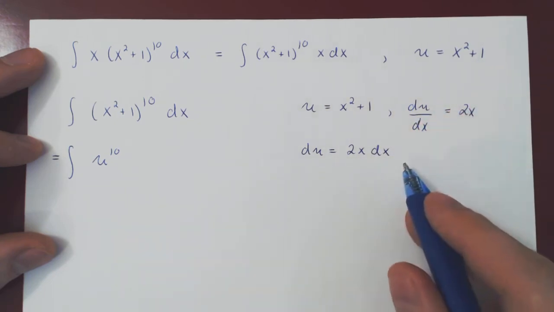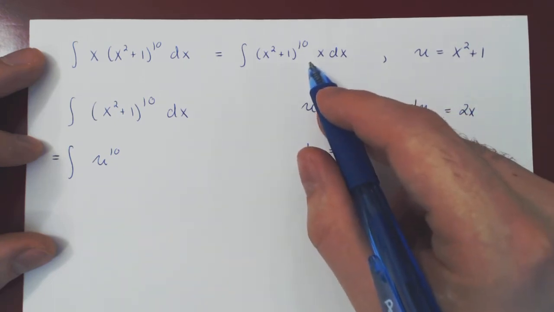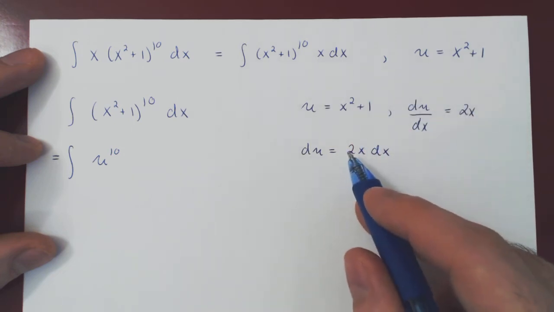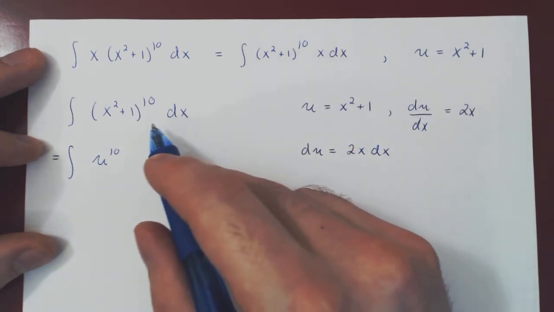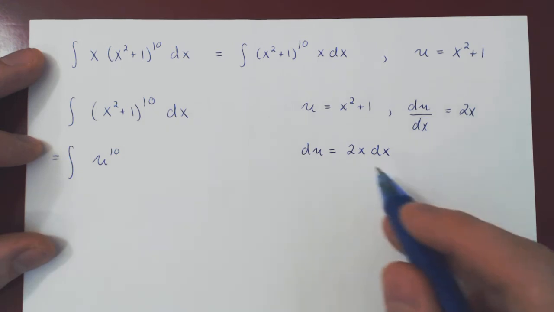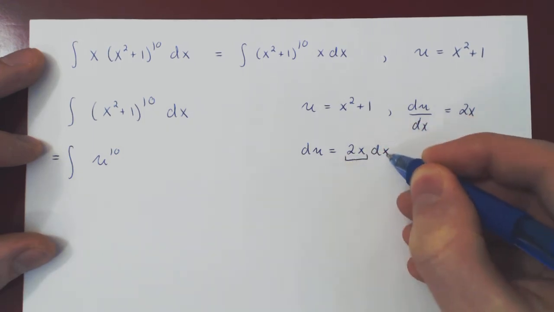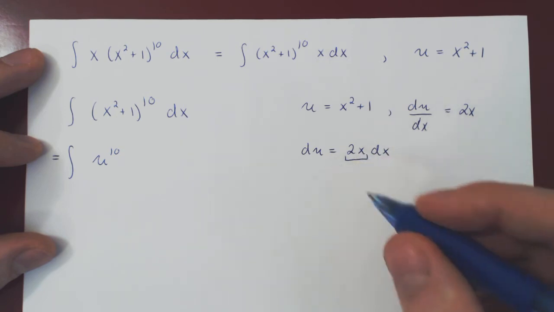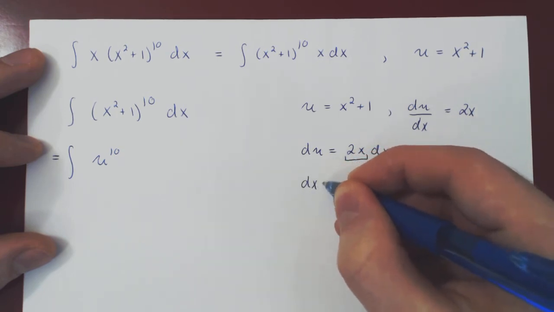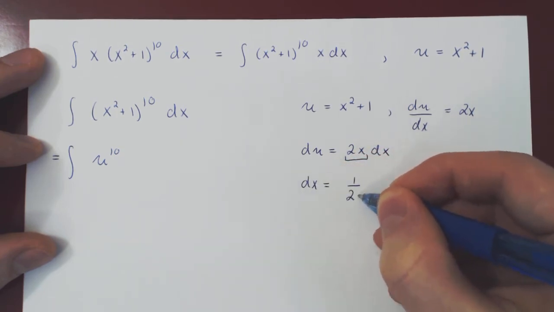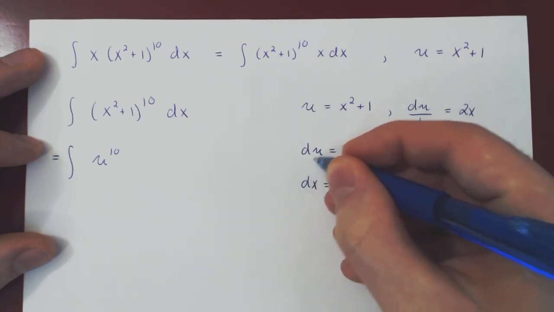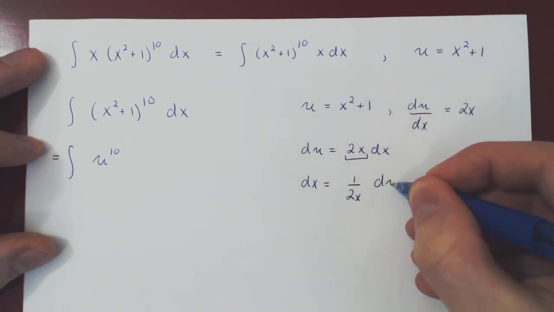But if you notice, before it was quite nice because we could replace the x dx by simply 1/2 du. But now we don't have x dx, we have dx. So in the end we have to say, to isolate dx, we must divide by 2x, and so dx is 1 over 2x times du.